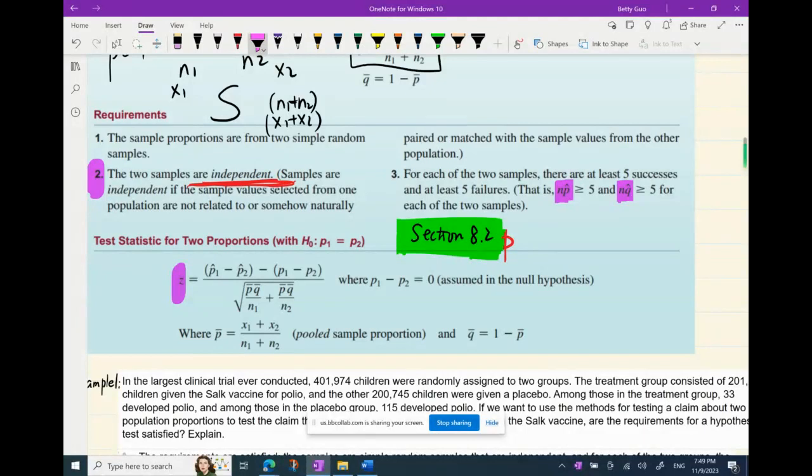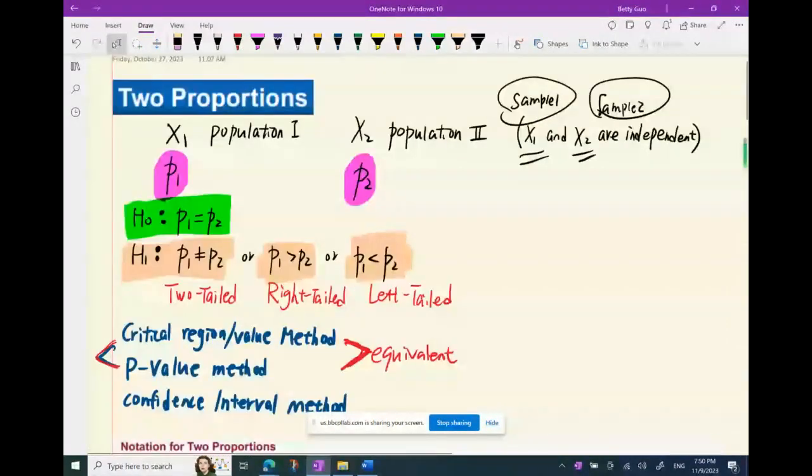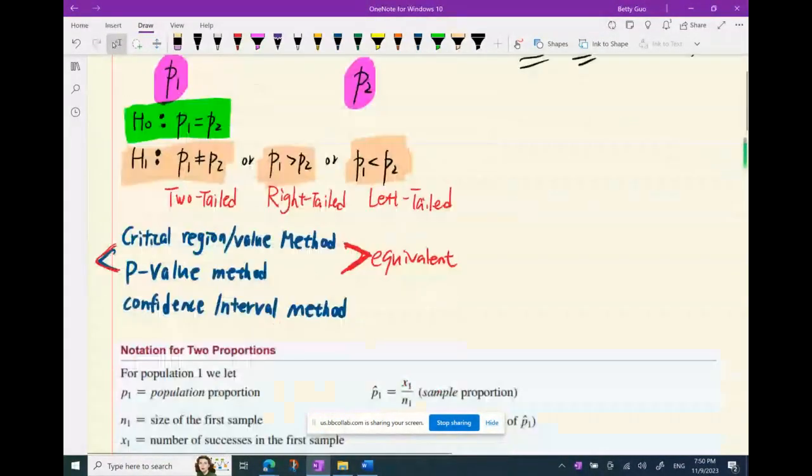That means the test is going to be a z-test. The distribution is going to be a standard normal distribution. That's the reason we require those two conditions, because when they are met, we can use the normal distribution to approximate the binomial. That's the only thing I need you to remember. If you remember this, then you would remember how to choose the correct function in the calculator and get a problem done. Okay, so those are just some theory and notation.